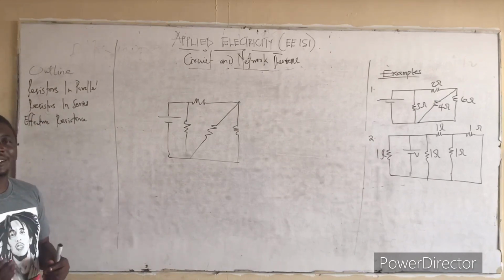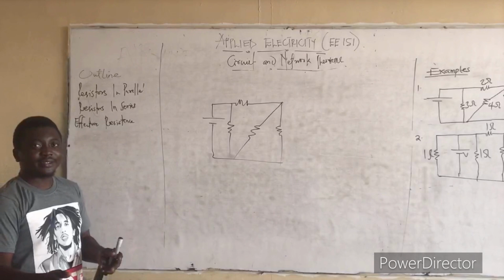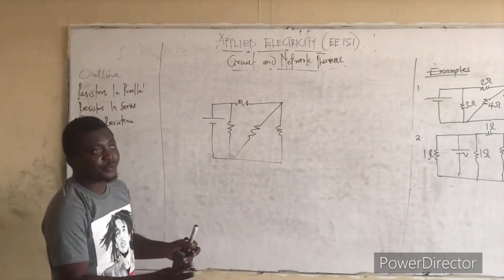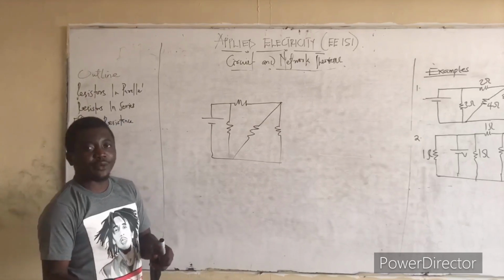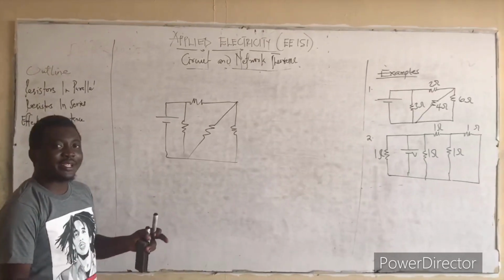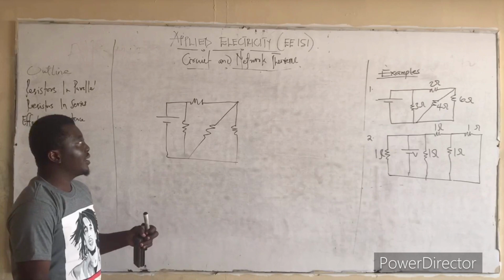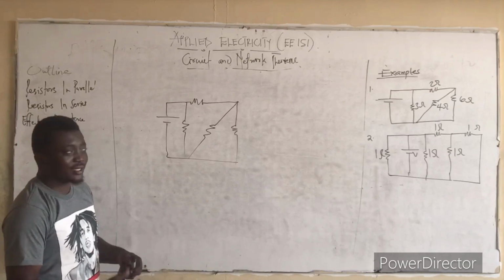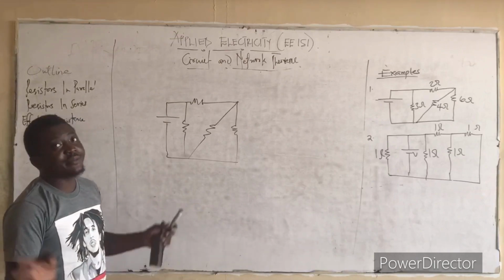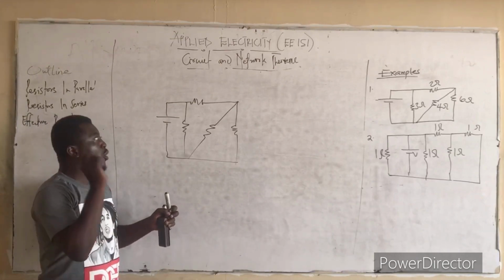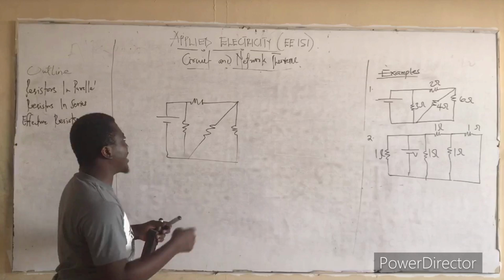Look at the places where current is going to pass. If you know where the current is going to pass, you will identify whether there is a short circuit or open circuit. If there is no short circuit, then your work becomes easy. If there is no open circuit, it's easy. But if there is some and you forget, you might mess up your work. So you always do the flow of the current.